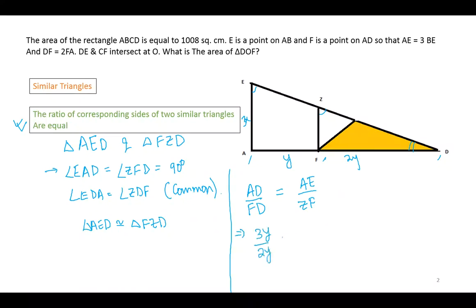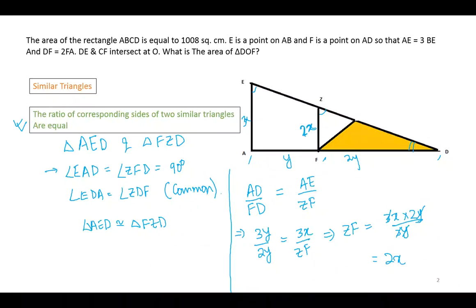AE is nothing but 3x. So what I'll get from this is ZF is nothing but 3x into 2y by 3y. Y gets cancelled out, 3 gets cancelled out, so we get ZF is equal to 2x.